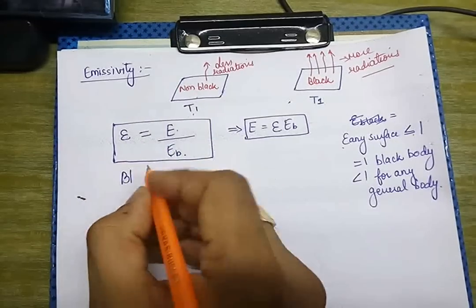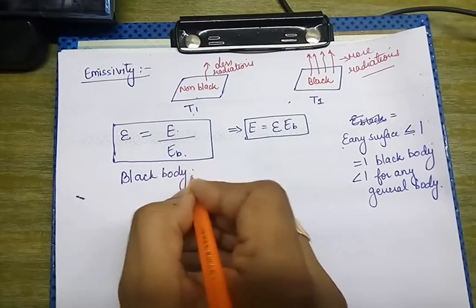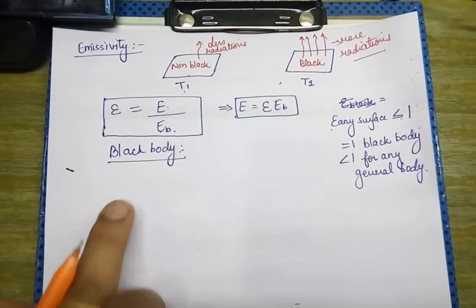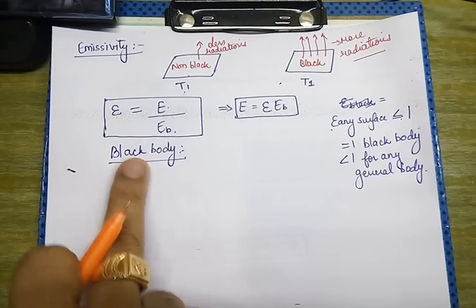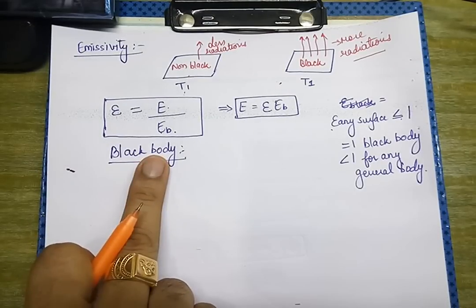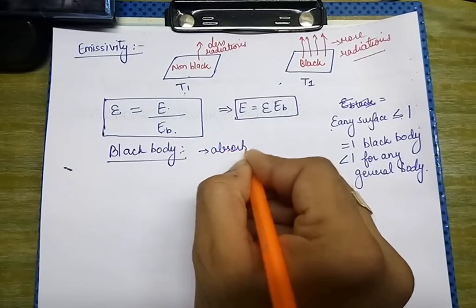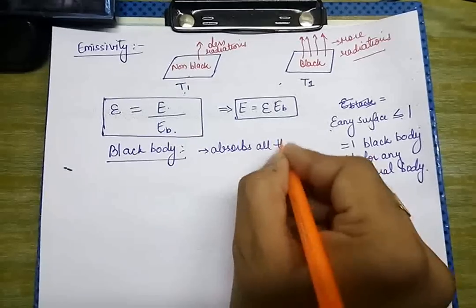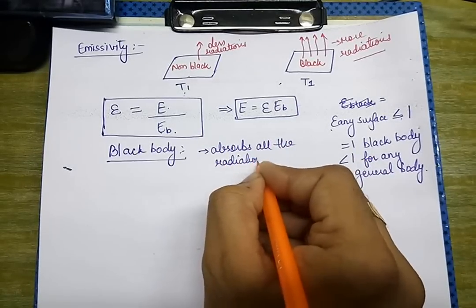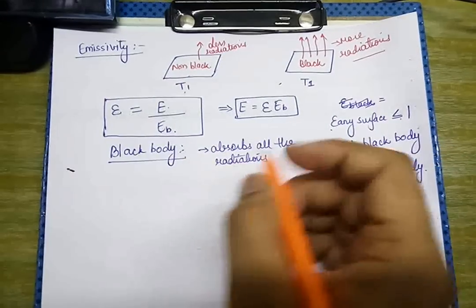Now what is actually a black body? I have also discussed this topic in my earlier lectures, so I'll discuss it again. A black body is one which absorbs all the radiations incident on it or falling on it.